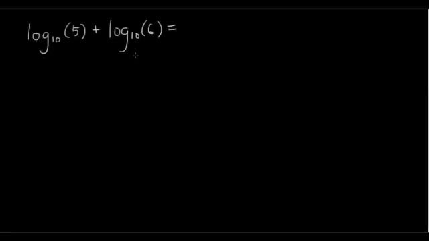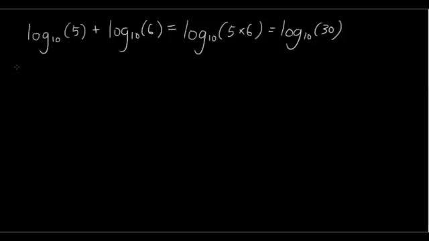Okay, so if you remember the first rule we just did before, that equals log base 10 of 5 times 6, so that equals log base 10 of 30. Okay, now let's do a minus.